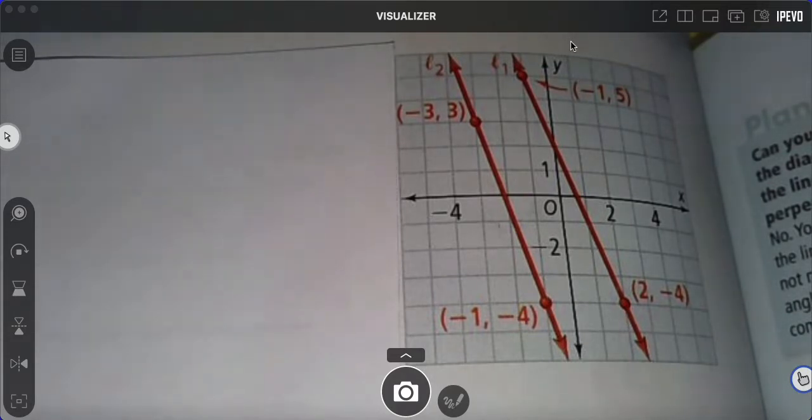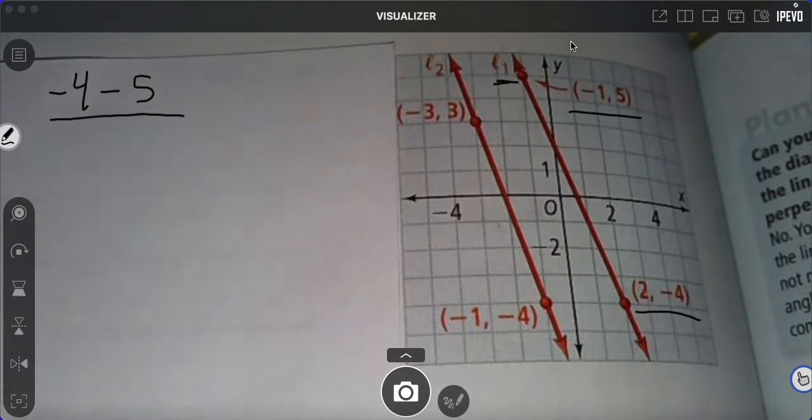All right. So let me look at L1, line 1. That's this one right here. I'm going to use these two ordered pairs. Is everybody good with that? Yes, ma'am. So let me subtract my y values. Again, these two ordered pairs. So somebody start with a y value. Negative 4 minus 5. Does everybody understand? Those are my y values.